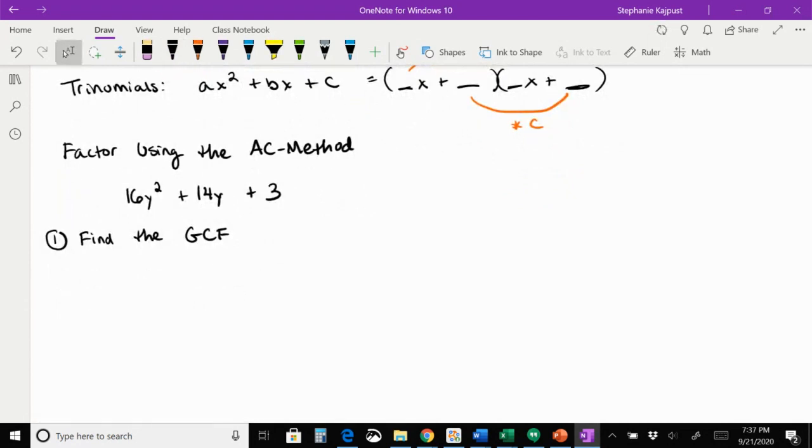In this case, 3 doesn't go into 16 or 14. So like the last one, our GCF is 1, and so we're not going to factor it out. So I'm going to just make a note, factor out if possible. Factoring out a 1 is not going to do anything.